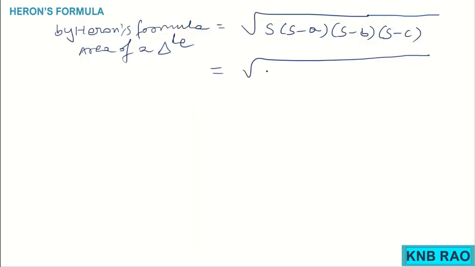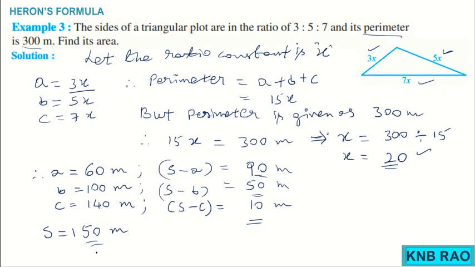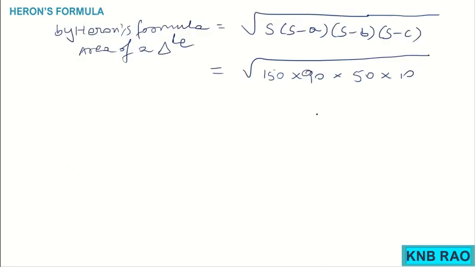So we will substitute them. So s 150 into 90 into 50 and into 10. So by just substituting the values 150 into 90 into 50 into 10, we got this.